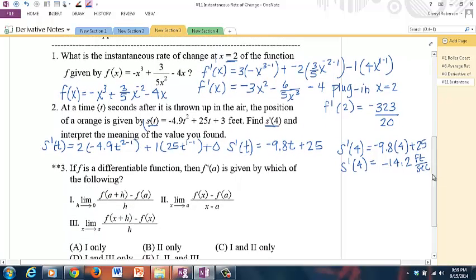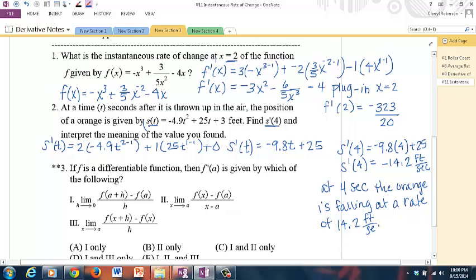Well, keep in mind that s prime of 4 means that at 4 seconds, the orange is falling at a rate of, and notice since we know this is falling, here we have our negative, so it's falling at a rate of 14.2 feet per second.